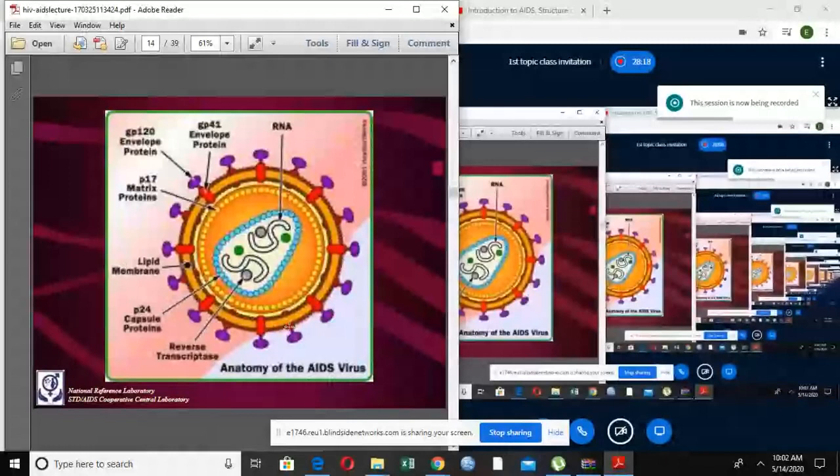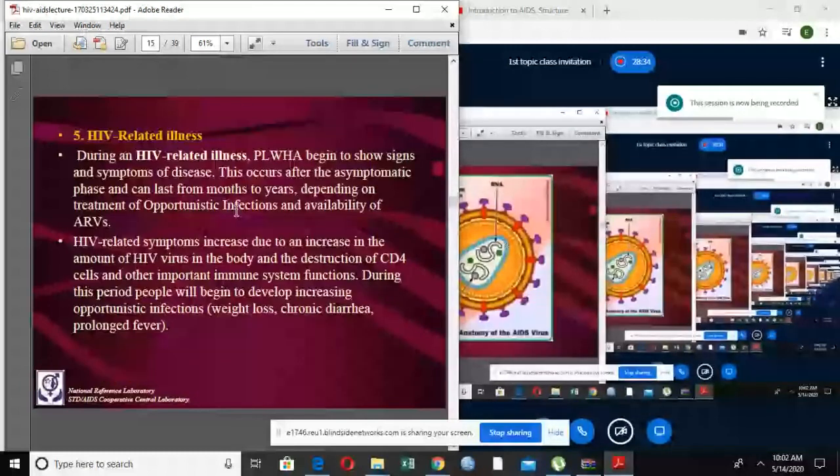We have the P24 protein here. Then we have the transcriptase of the virus together with the RNA of the virus. So that's the structure of an HIV virus.